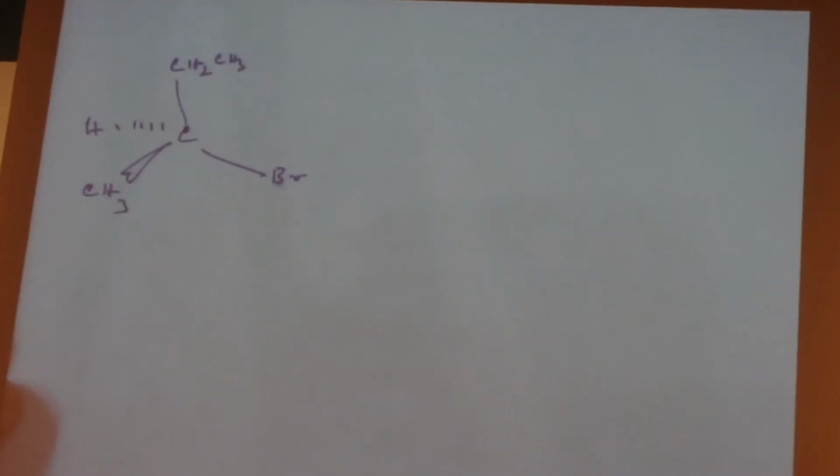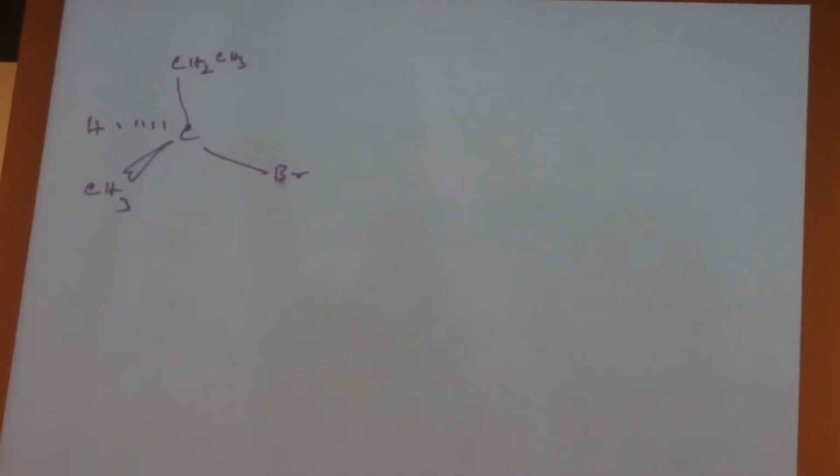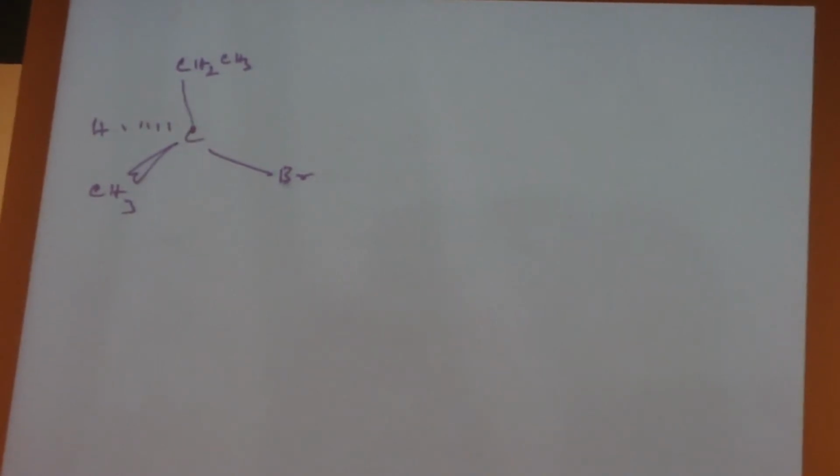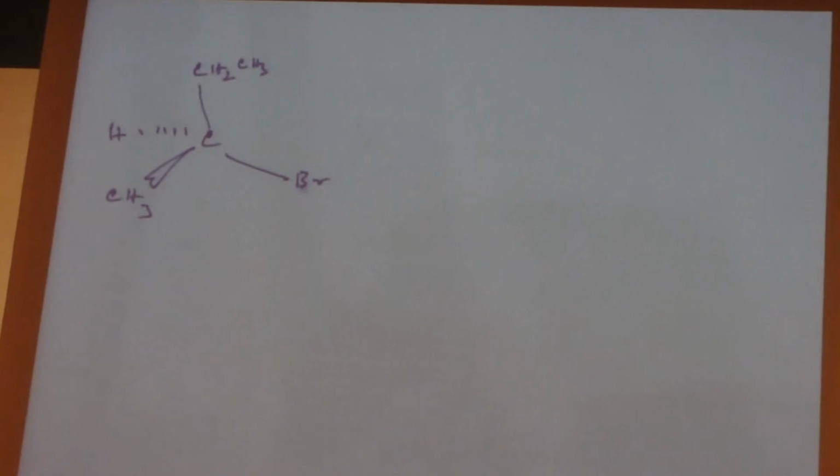It's a secondary carbon, therefore it's kind of intermediate and can undergo either SN1 or SN2 depending on the conditions. If you have a good nucleophile here, then it's going to undergo SN2. But if you provide a solvent and undergo a solvolysis reaction, then it is going to undergo SN1.